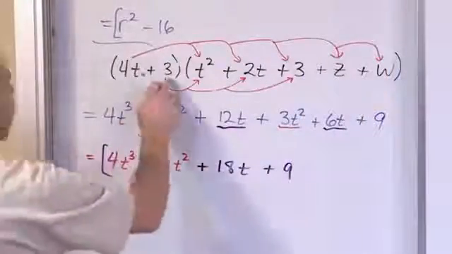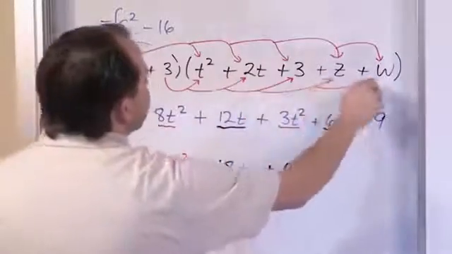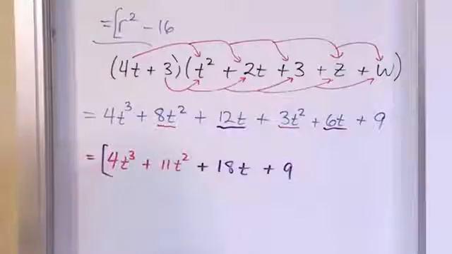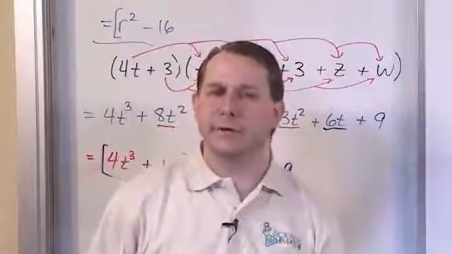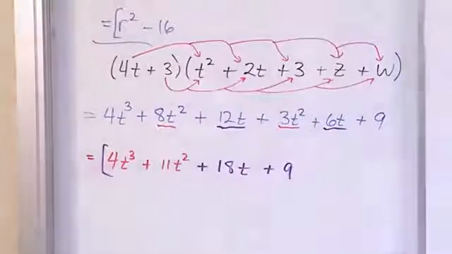And then the 3 needs to get multiplied times this, this, this, and also times this, and times this. Then you have a lot of terms that you have to simplify. So once you know the big picture, multiplying polynomials in algebra is really just following the same rule, applied to larger and larger problems.